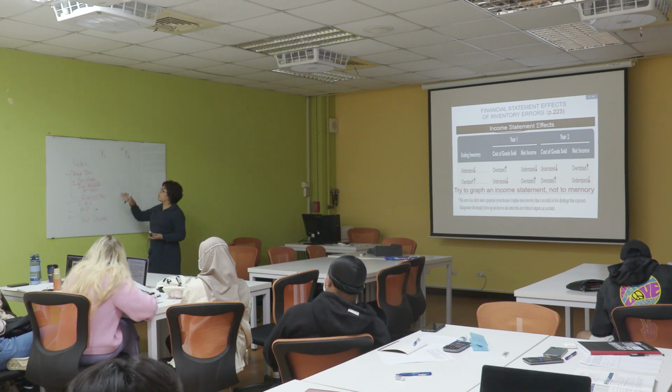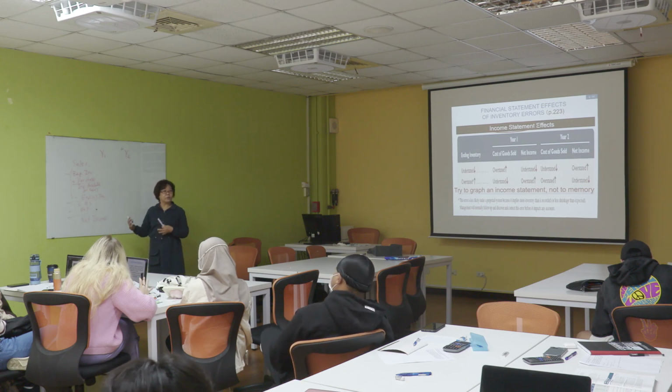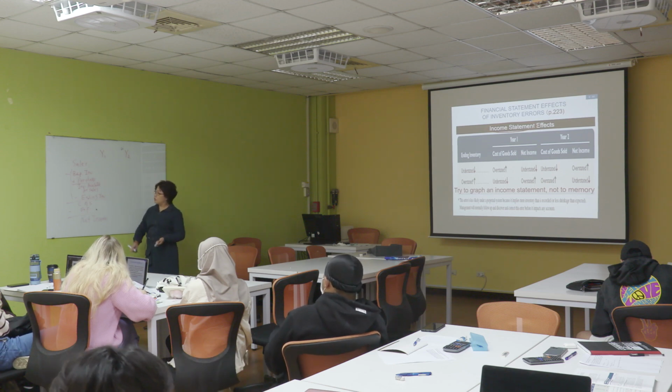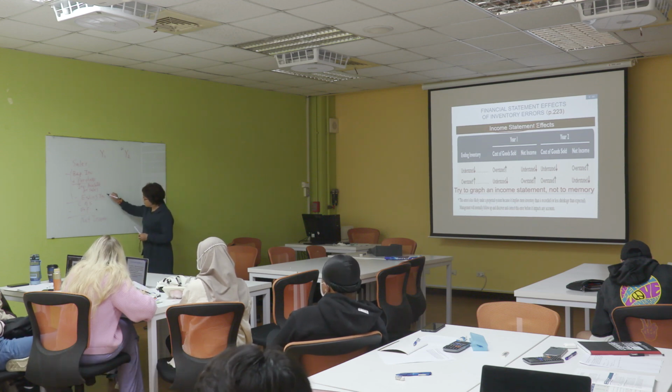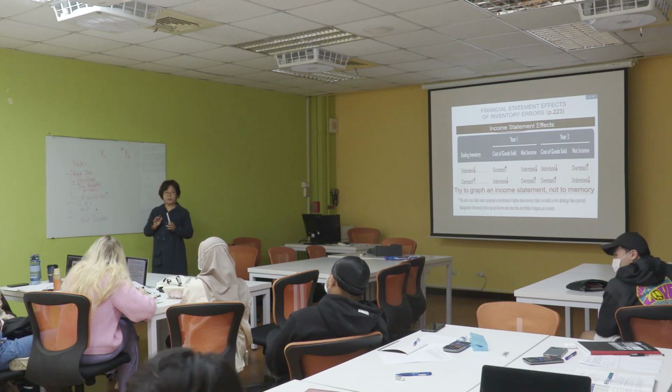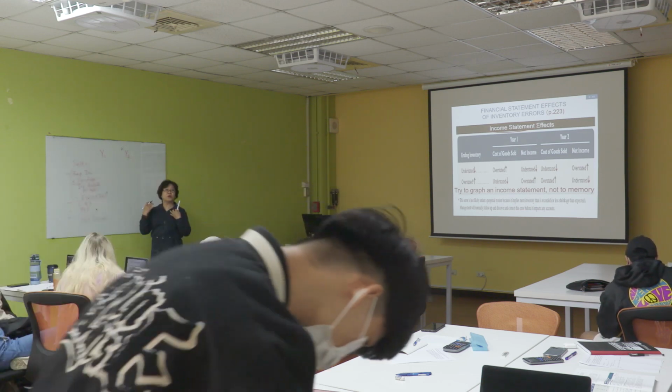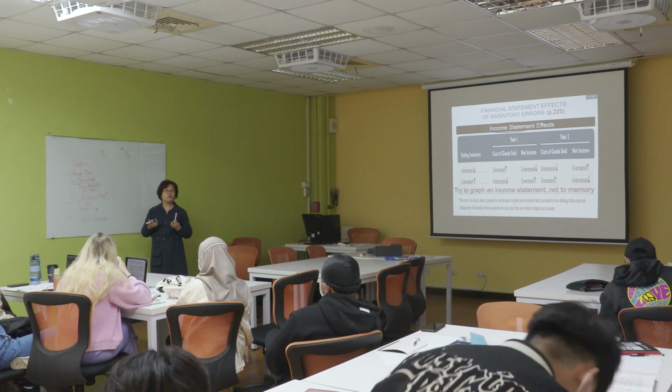Will that impact your financial statements, and how long will the effect last? For example, we overstate, which means originally it should be 100 and you put 120, then that's overstate.